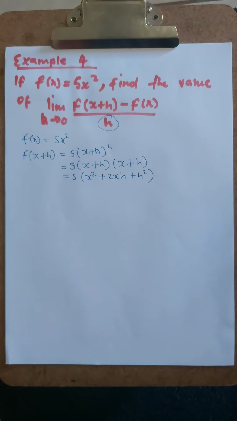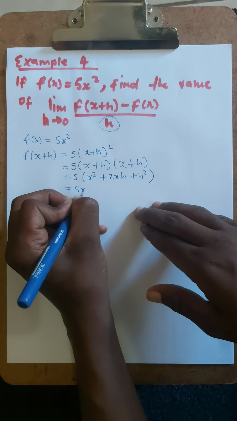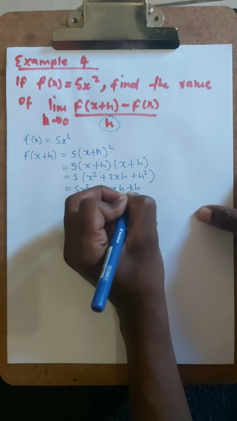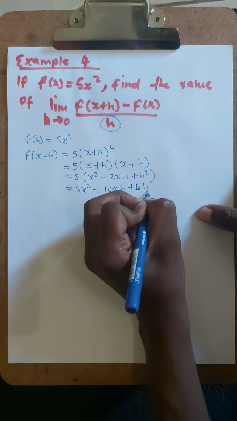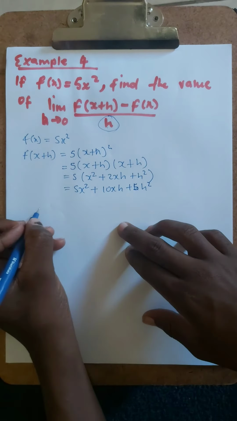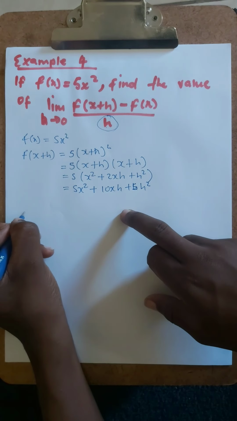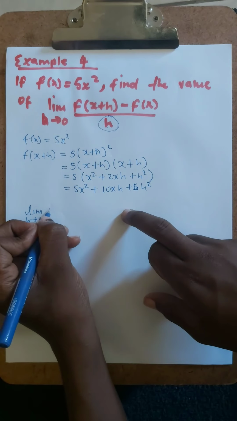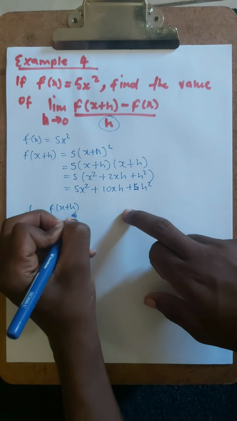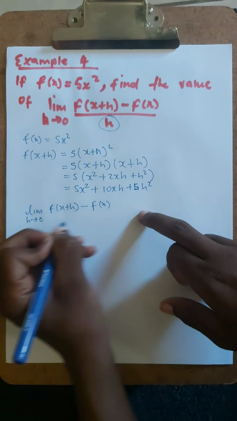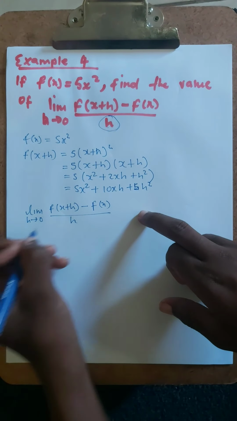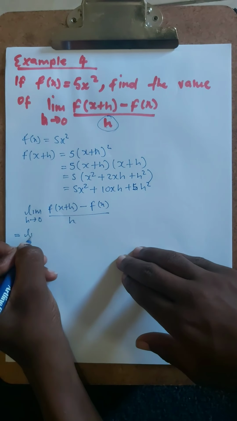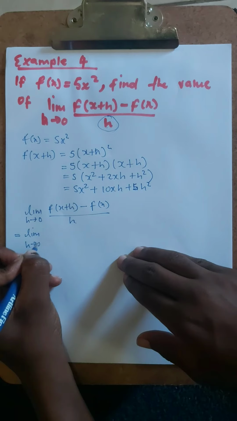So basically I have 5x squared plus 10xh plus 5h squared. Now I can find the limit when h approaches 0 of (f of x plus h minus f of x) divided by h.